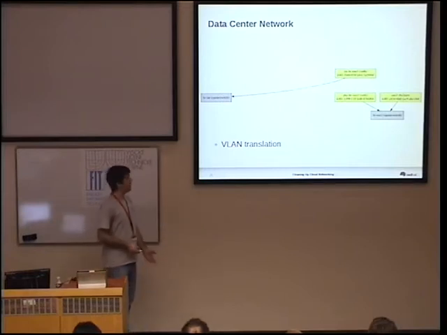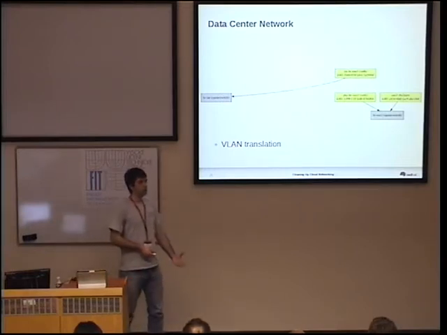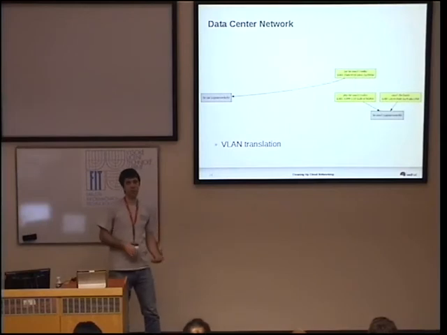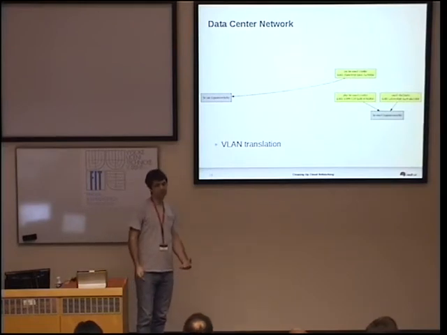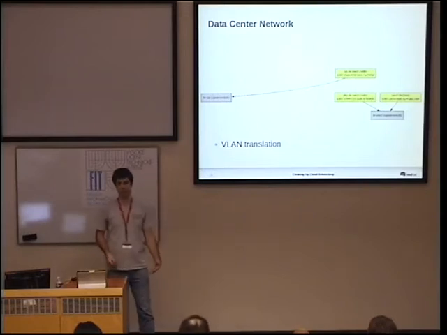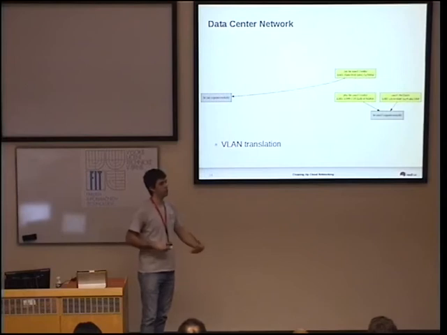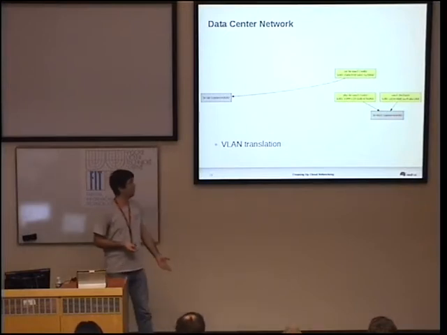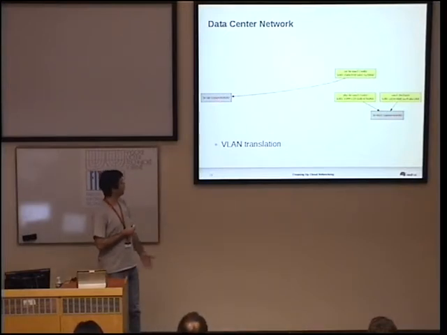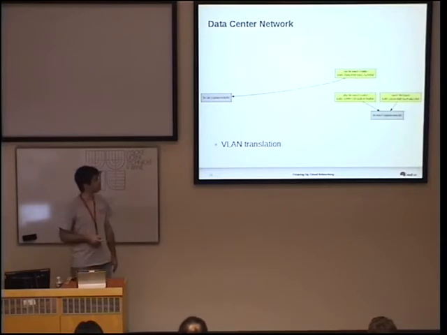The reason is that the VLANs used to isolate tenant networks on this physical machine may be different than the VLAN numbers that are used in the data center network that interconnects different physical machines. So there needs to be a translation between those VLAN numbers, which is done here on this vSwitch. Open vSwitch is capable of doing that, but it has to be isolated from this bridge. So that's basically the reason.